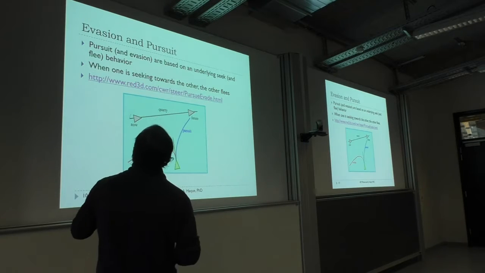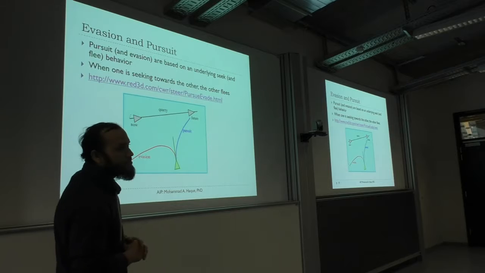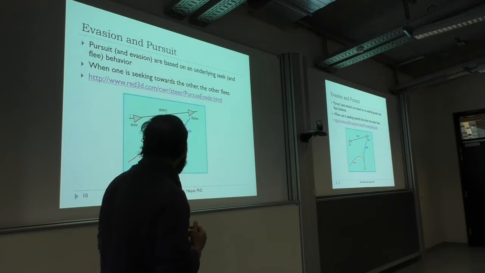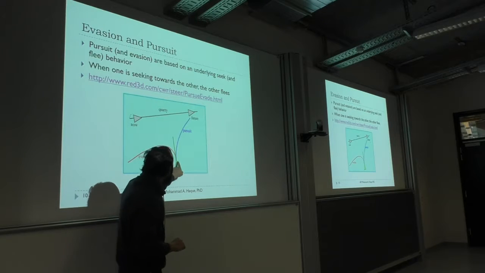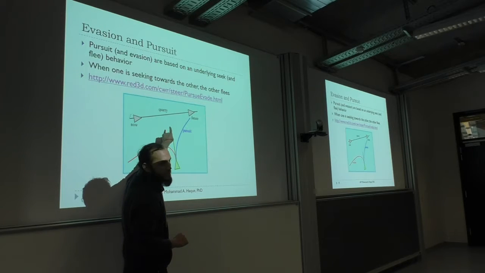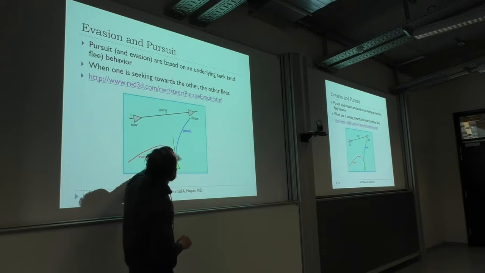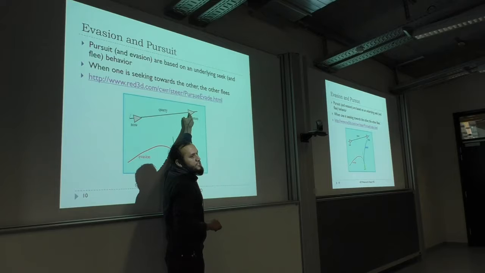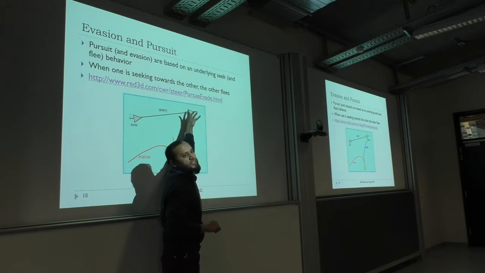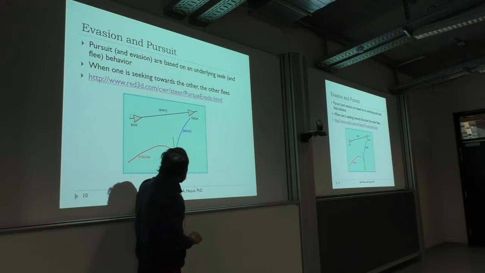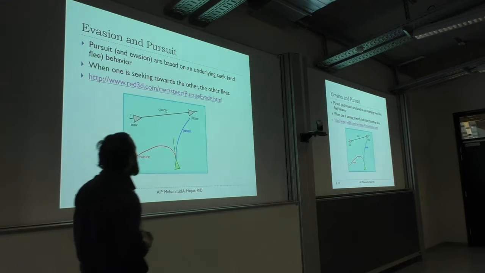The next two behaviors are evasion and pursuit. So what is evasion? You have your vehicle here having this direction of velocity, and you are imagining something here, for example another object, and you are going to find that one.